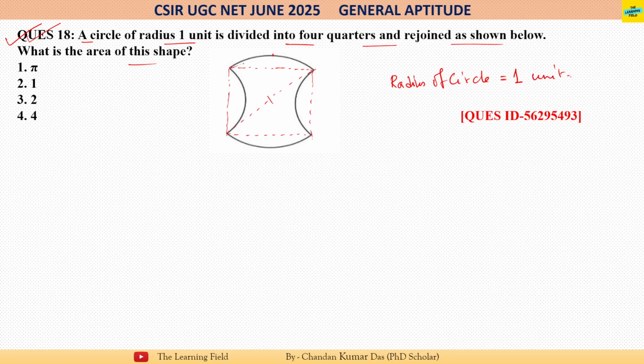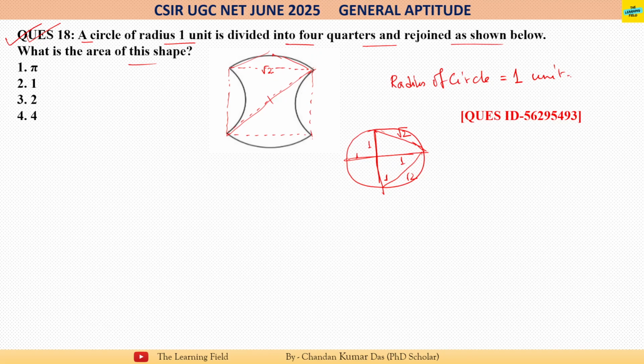Now if we join this and this, suppose this is the circle. Now this is 1, this is 1, this is 1, this is 1. If we join these two, what is this length? This length is the hypotenuse of 1 into 1, that is, root 2. This is also root 2. So this is 1 unit, meaning the side of this square is root 2.